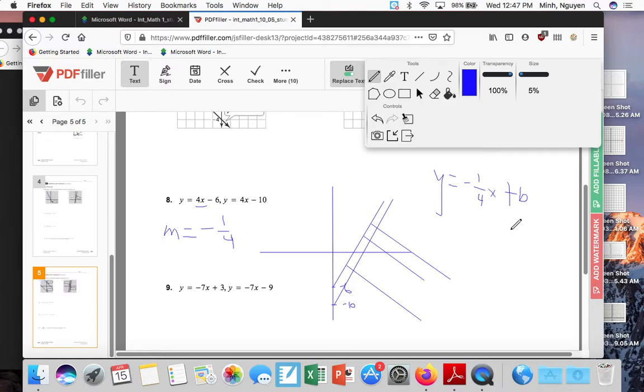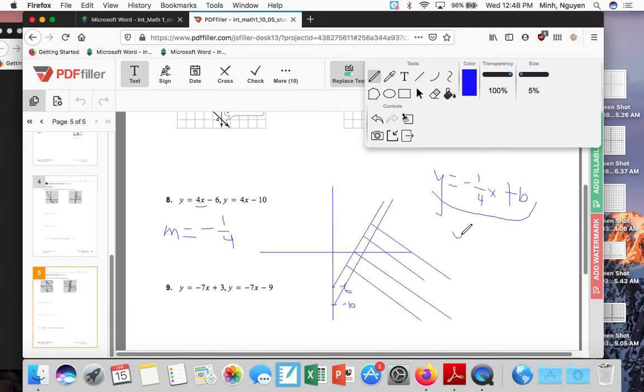Since it's so open-ended, it could be this one, or it could be that. You can pick whatever you want, and just to make it simple, I'm going to plug in 0 and find the y-intercept for this.